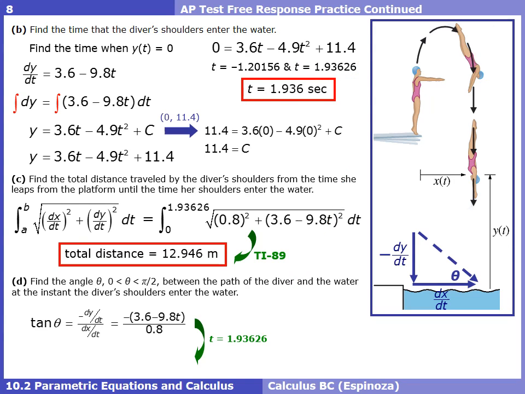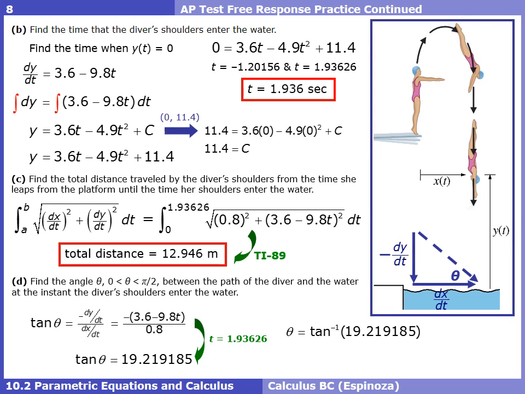If we do that and evaluate that fraction at t equals 1.93626, we'll get 19.219185. And again, you have to keep all those decimal places. Okay, so again, some basic trig knowledge here. If we know tan theta is equal to a number, to find that angle, we need to arc tan both sides.